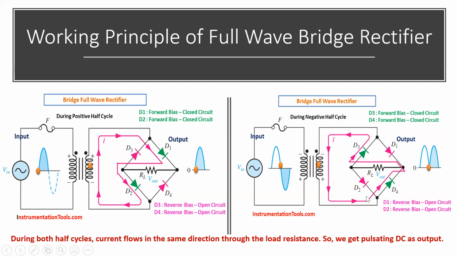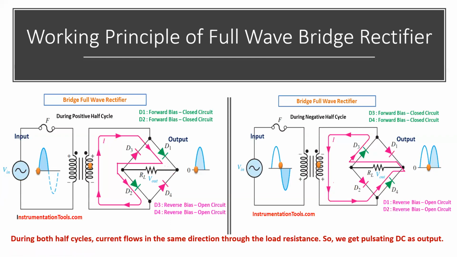This time it goes through D4, the load resistance, and D3 and completes the circuit, because D4 and D3 are forward bias in this direction and offer a closed circuit path, while D1 and D2 are reverse bias and do not offer a closed circuit path. It will be an open circuit.